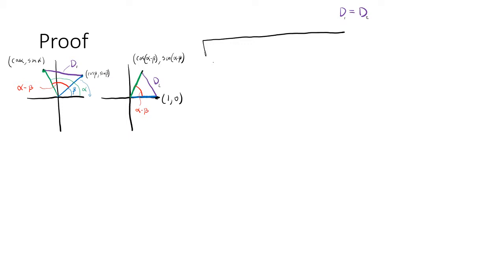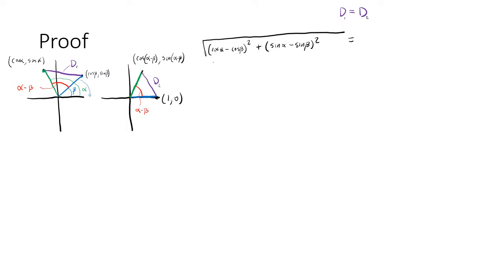All right, they're equal. So we'll say that this is cosine of alpha minus cosine of beta squared plus sine of alpha minus sine of beta squared. That's the distance of the one on the left.